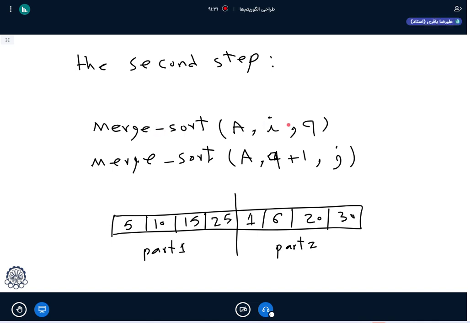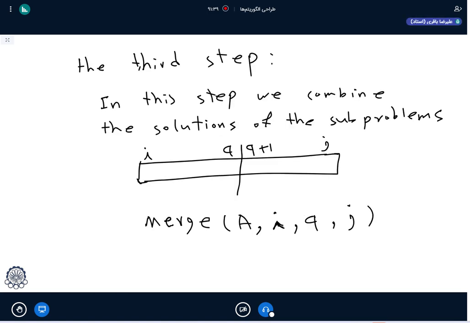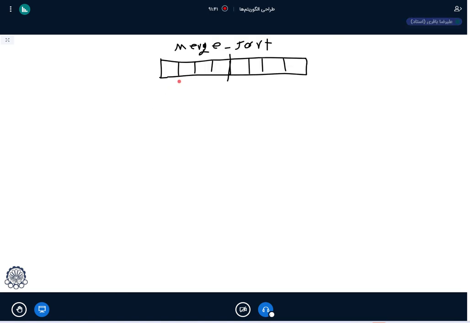The first function call also has two function calls inside itself for its two parts. Okay, so one merge sort is called here on an array of 4 elements.